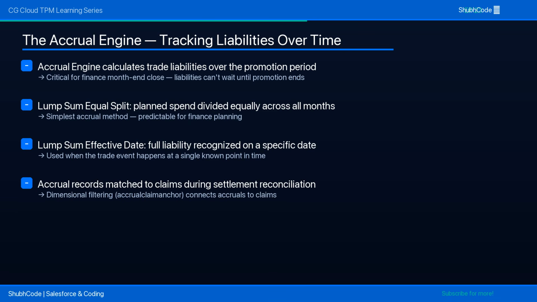For lump sum accruals, the engine can use different methods. Equal split: divide the total planned spend evenly across the promotion period. Or effective date: all the liability lands on one specific date. The accrual engine runs periodically, processes your sales actuals, and creates accrual records that finance uses for period end close.